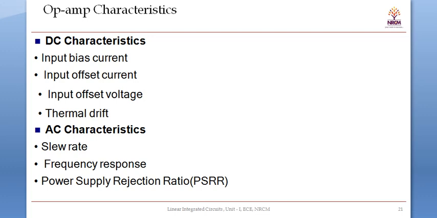The fourth parameter is thermal drift. Up till now we have considered the input bias current, input offset current, and input offset voltage to be constant, but in practice these parameters are not constant.